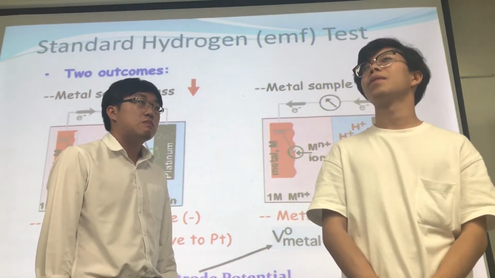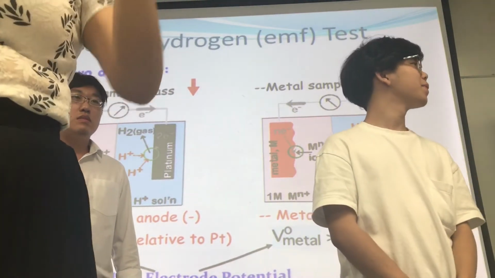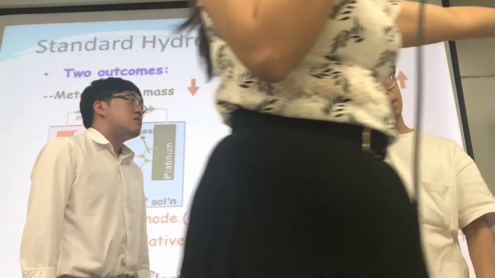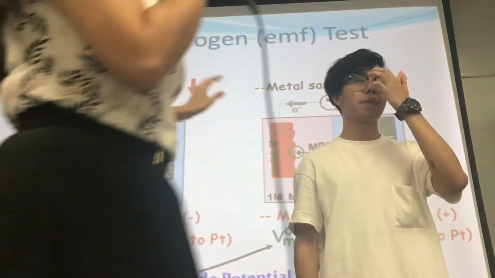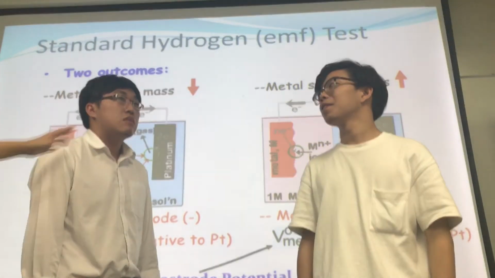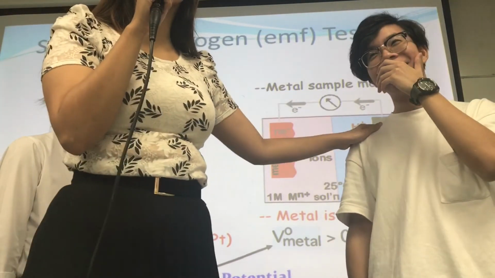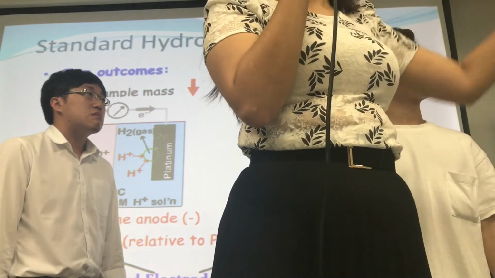So basically, we need to have some way to check, right? This one likes to give out electron compared to this one. This one likes to get electron compared to this one. So in order to protect him, we need to choose the one who likes to give electron.